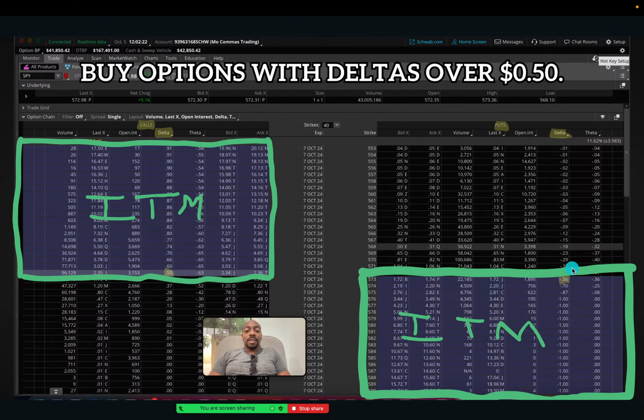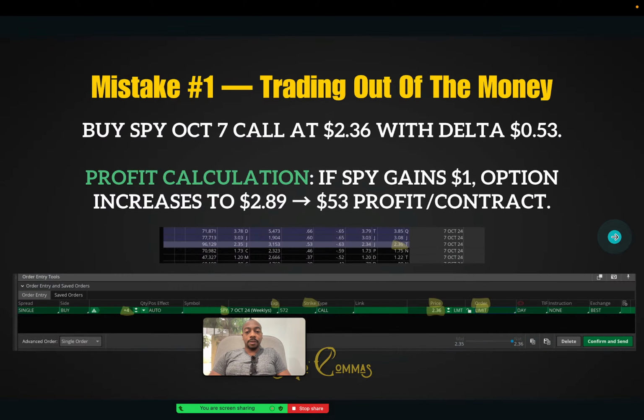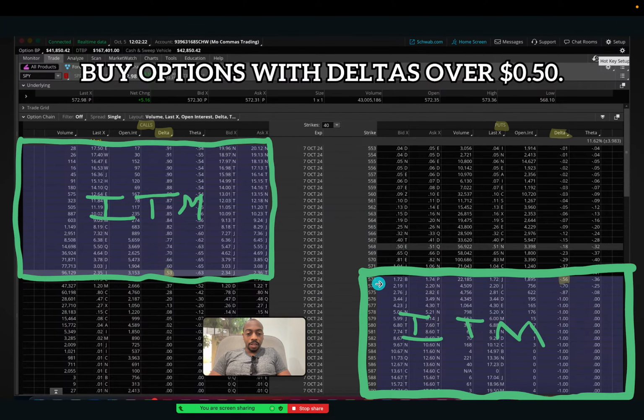The reason why these are considered in the money is because they have intrinsic value already. So right here, this green line is, let's say, the 572 option for SPY. This green line is over that particular strike, right?